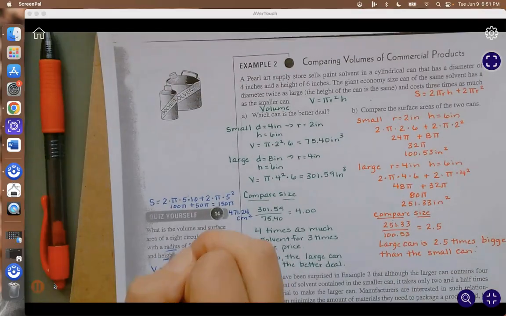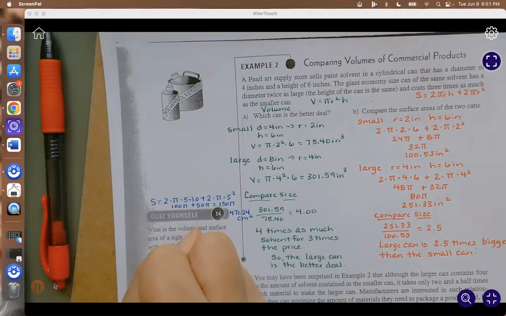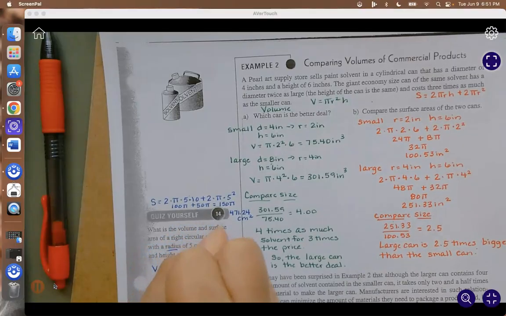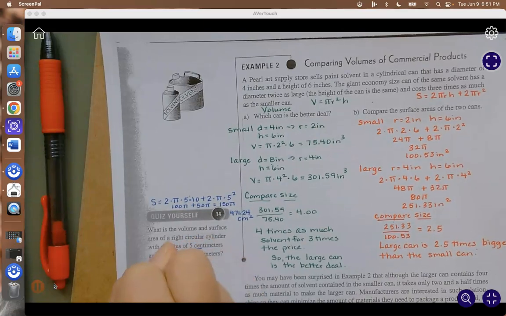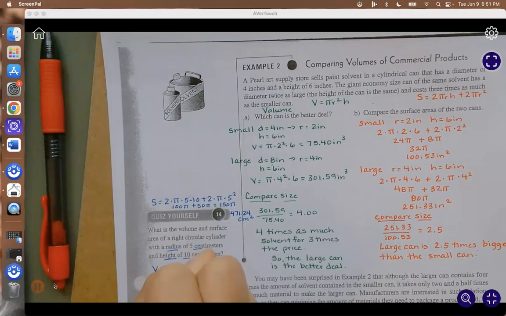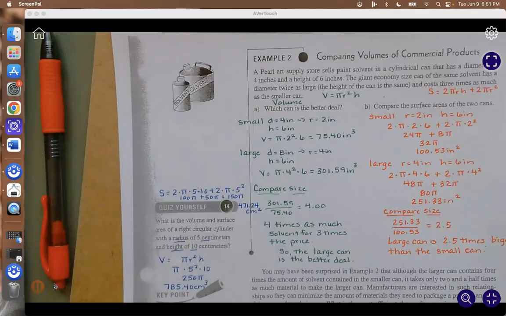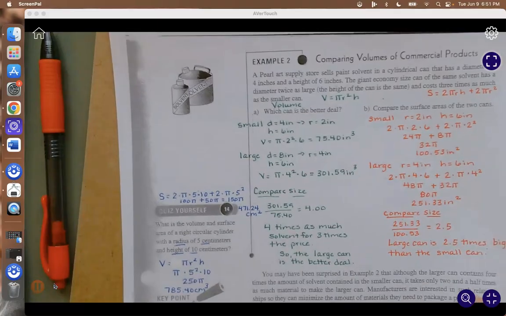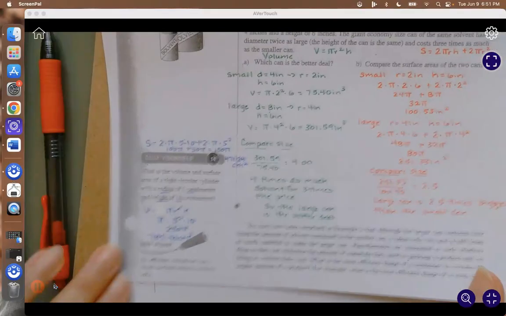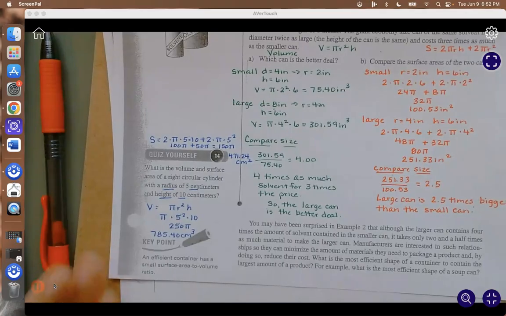Pi r squared h, so pi times 5 squared times 10. That's 250 pi, which is 785.40 cubic centimeters. And just like we talked about, an efficient container has a smaller surface area to volume ratio. There should be more volume, less surface area.